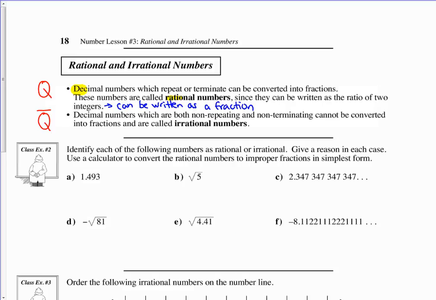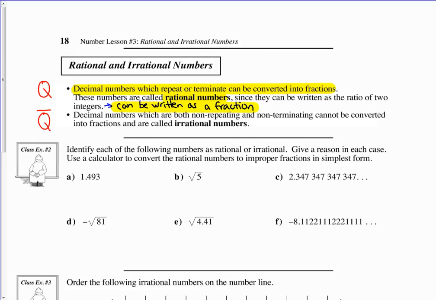Decimals that repeat or terminate can be written as a fraction, and they're called rational numbers. So anything that can be written as a fraction is a rational number, as A over B, as a quotient. That's where the Q comes from.